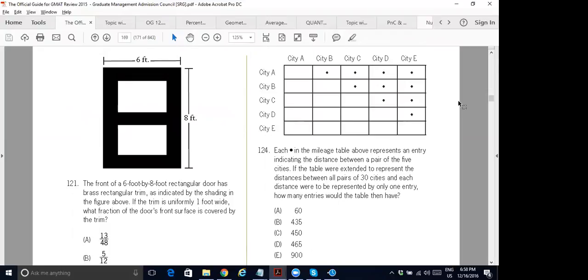So distance between A and B is given, distance between A and C. Now they're saying it should be 30 of them. Correct. So N becomes 30. N is equal to 30.